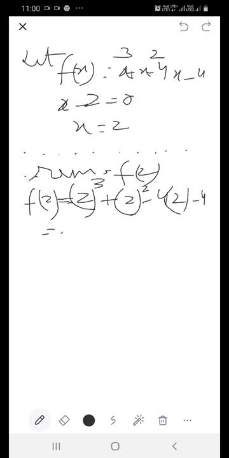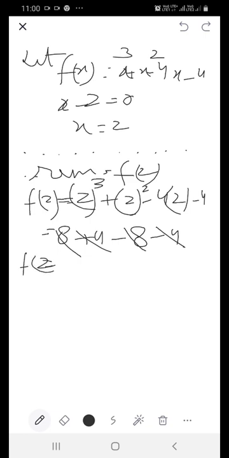It will be 8 plus 4 minus 8 minus 4. Plus 8 minus 8 cancels. 4 also cancels. f(2), which is the remainder, comes out to be 0. So you will say as remainder is equal to 0, therefore x minus 2 is a factor.